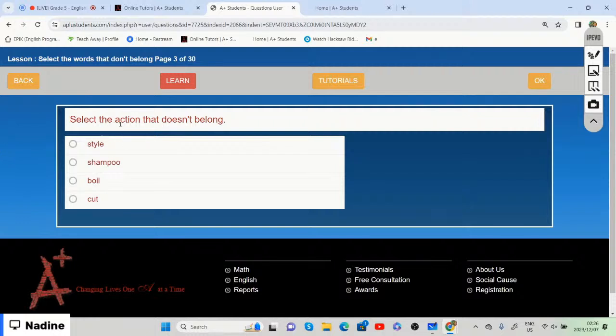We need to select the action that does not belong. The action that doesn't belong on there. It's style, shampoo, boil, and cut.